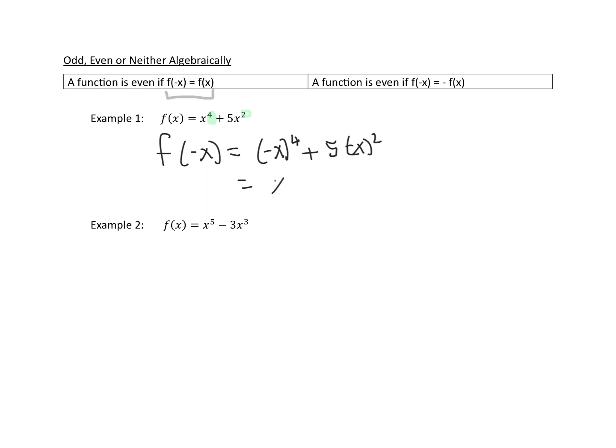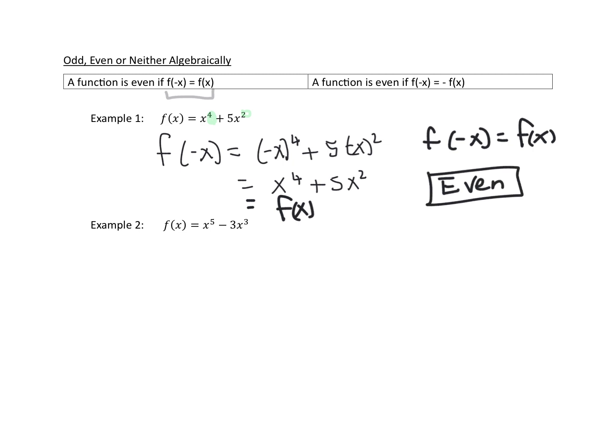So this is just going to be x to the power 4, and this is going to be 5x squared, which is the same as the original. This here is the same as f of x. So what I have shown is that f of -x equals f of x, which is the definition of an even function. So I know that function is even.